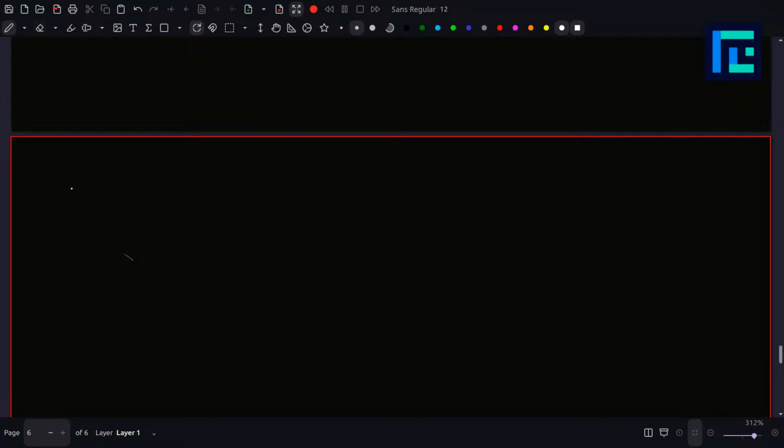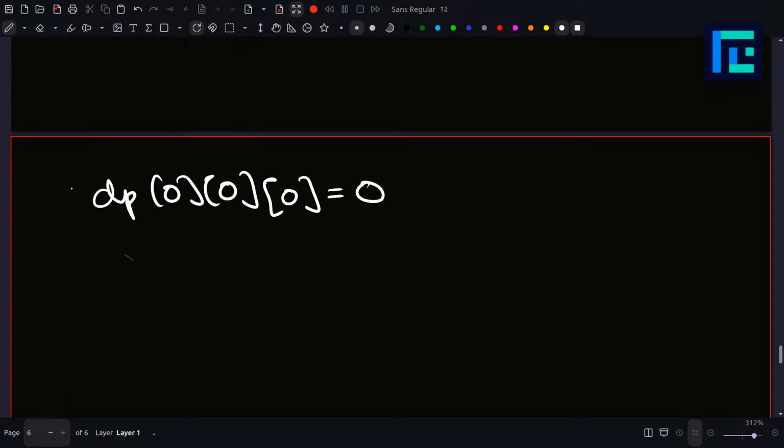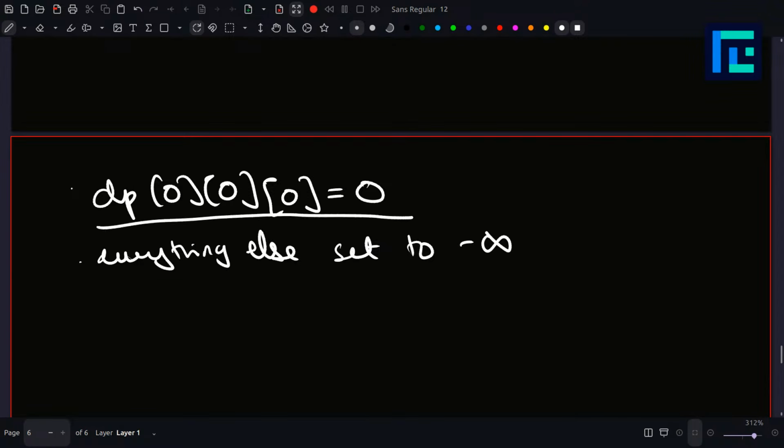So we can just set our dp of 0 0 with a cost so far of 0 as having a score of 0, and everything else will be set to negative infinity, since we'll say that it's unreachable so far. We want to maximize the score, so we'll set everything else to negative infinity and dp 0 0 to 0, and this will be our base case, right?